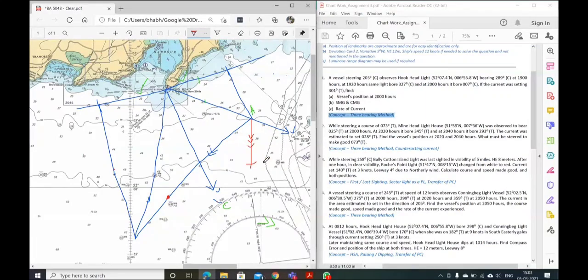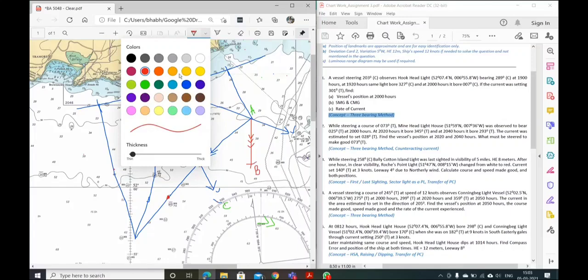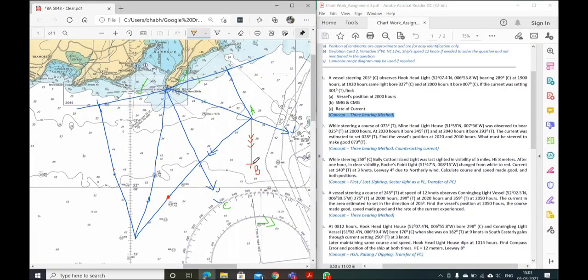Second thing, the third thing which is given to us, you are saying course steered is given to us. So if course steered is given, you apply that course steered to this point. Let's call this point as B. You apply your course steered to this particular point. Let me use yellow color.